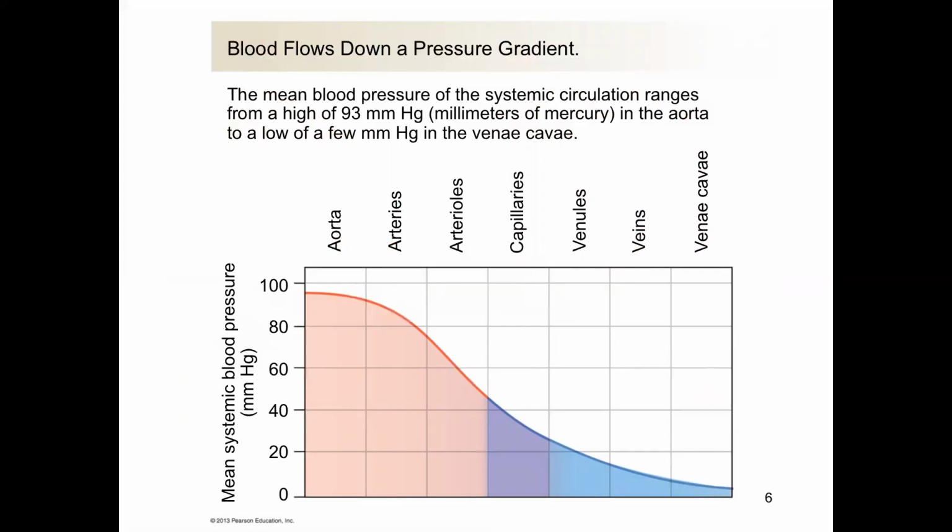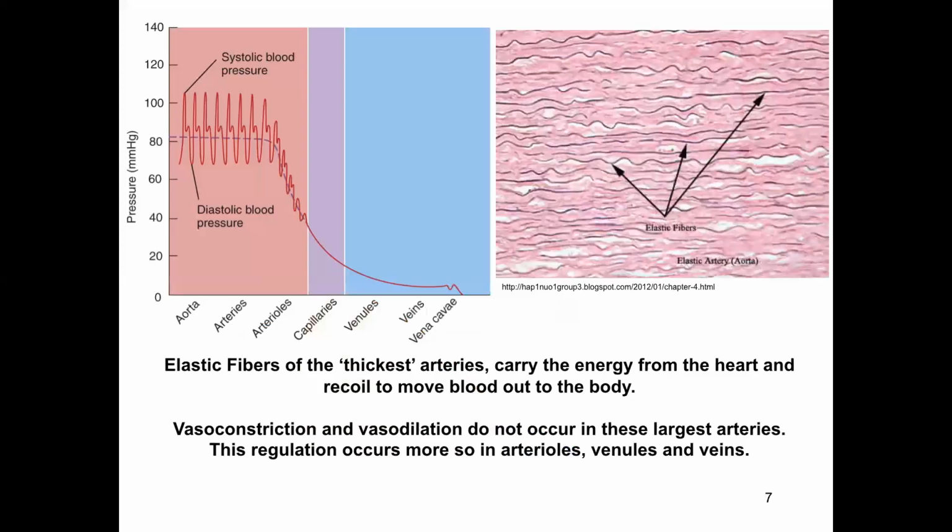Okay, so we'd start off with, here it says, you don't need to remember the numbers, but you can start off with something like 93 millimeters of mercury at the heart, and it can go down to just 2 or 3 by the time the blood returns to the heart, the vena cava. All right. So the blood is flowing down a pressure gradient. In everything in biology, if it's working passively, it always seems to be from high to low. So high to low pressure, all right? And the blood is no different.